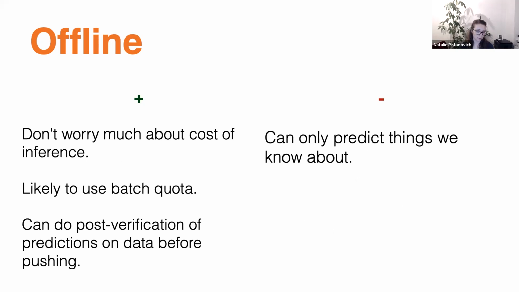And the good thing about it, you don't have to worry about the cost because this is kind of like looking in a lookup table, the results. And you always know all the outcomes ahead because you've done the calculation locally. But the downside, if you are a flower shop on Valentine's Day, you will miss out on a lot of sales because it can only predict what you know and it doesn't notice the change in the behavior.